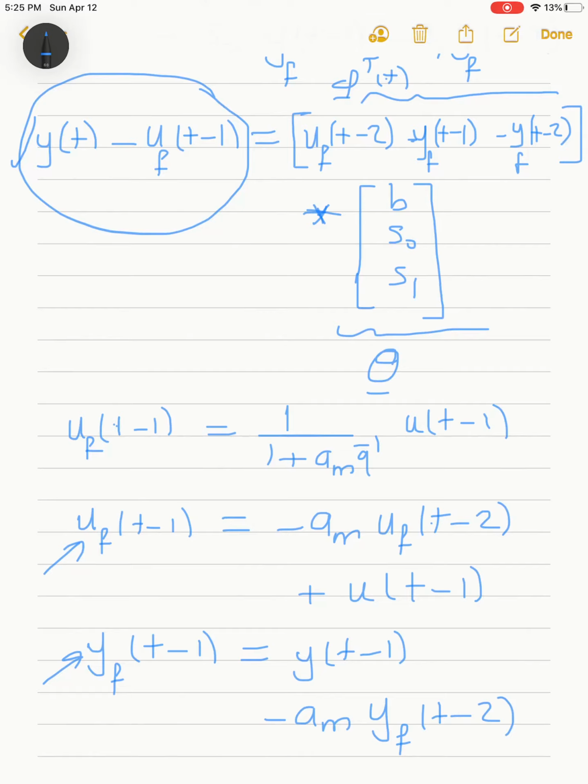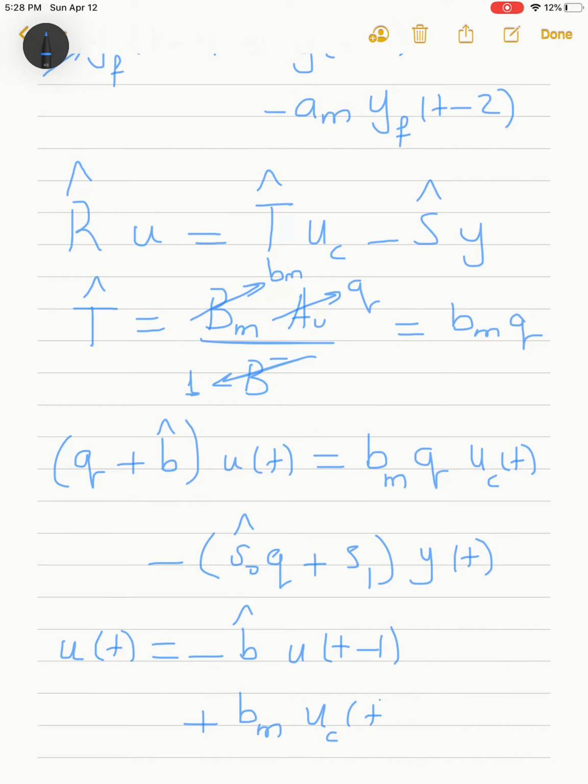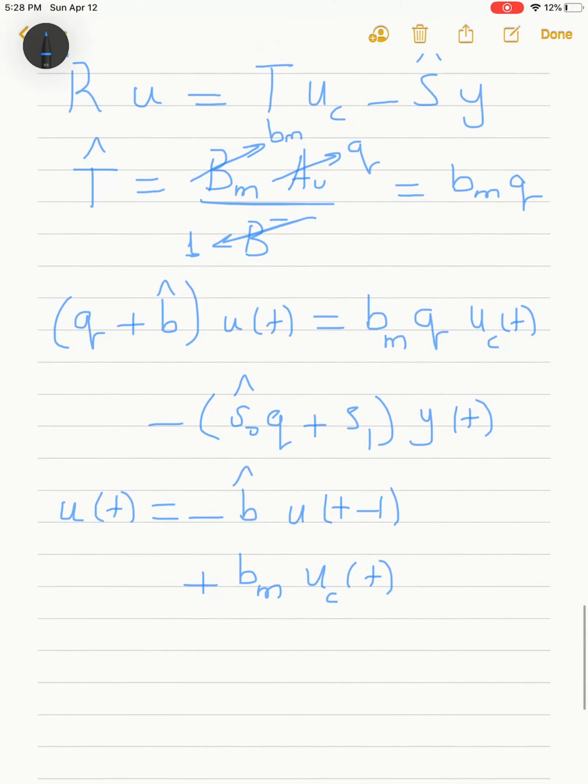So we can write u of t equals minus b hat u at t minus 1, plus bm times the set point at t, minus the estimate of s0 times y of t, minus the estimate of s1 times y at t minus 1.